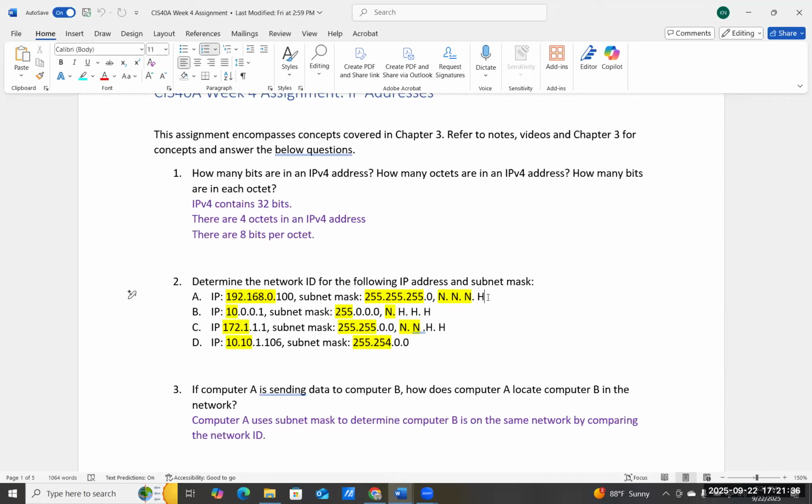And then subsequently, and this one is a tricky one, we'll come back to it when we talk about subnetting. But you see here, when you type in ipconfig and you find the IP address, they use 10.10.1.106, right? But the given subnet mask is 255.254.0.0.